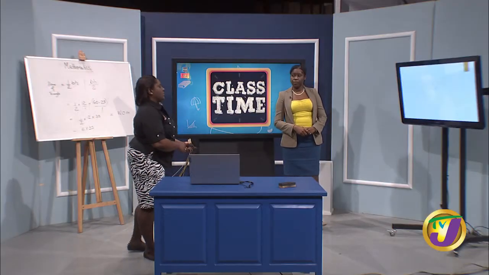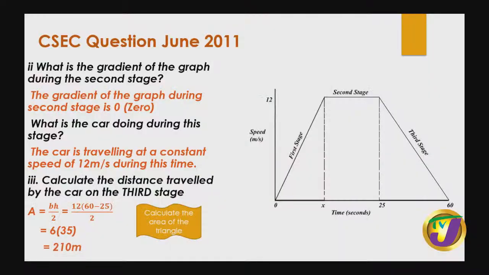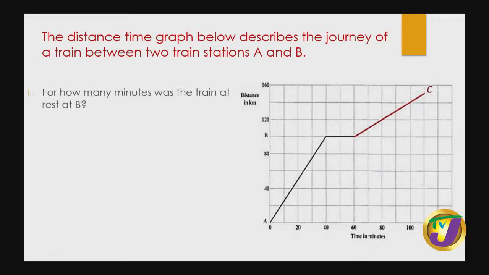Now we're going to be looking at another question. I'm seeing that we have a distance time graph. The one before was a speed time graph. This one is a distance time graph, which describes the journey of a train between two stations, A and B. For how many minutes was the train at rest at B?